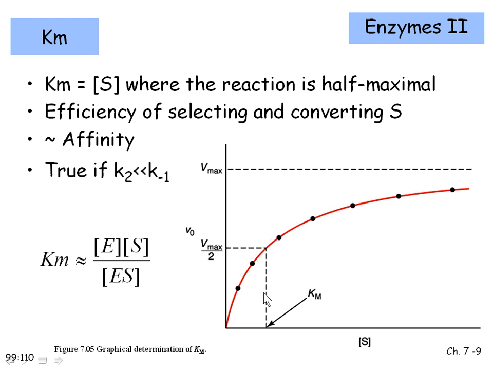It's approximately equal to affinity. And we say approximately equal because in most cases the efficiency of converting S tends to be different enough that what we're looking at is the selecting of it. If the forward rate from the ES complex to product is significantly smaller than the rate at which it tends to fall apart, then the Km is a reasonably good measure of affinity, the tendency of the enzyme to be saturated.